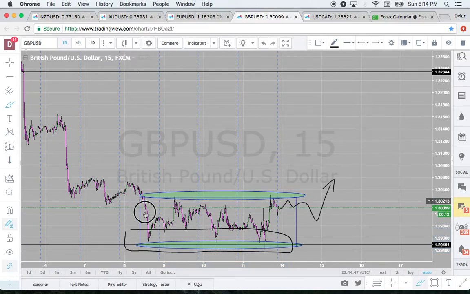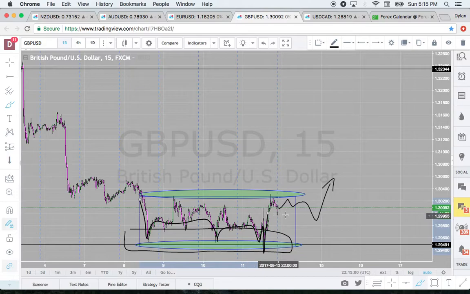Price has just been coming down, spiking into there, getting people to sell. Get them to sell again. Get them to sell one more time. And then we take all this and then move price completely away from it.